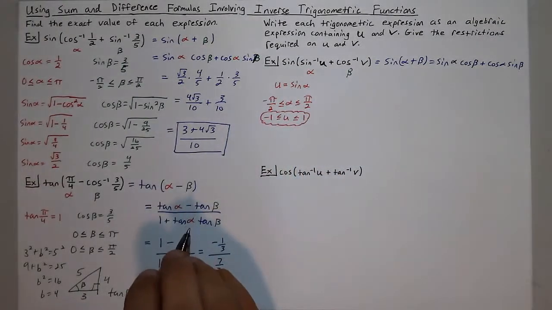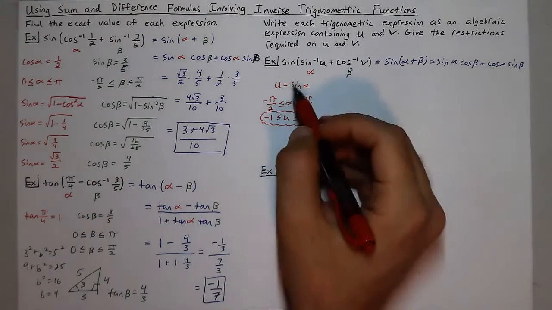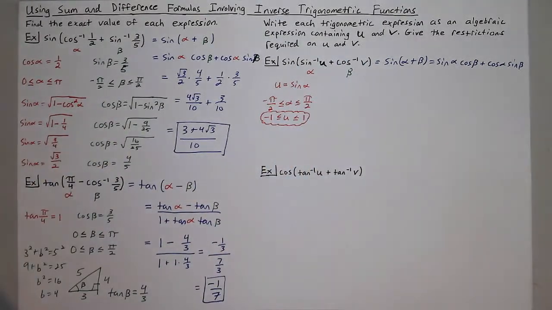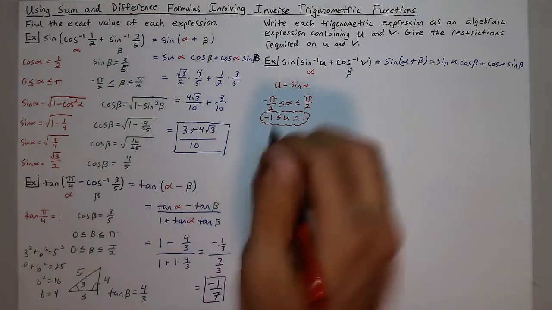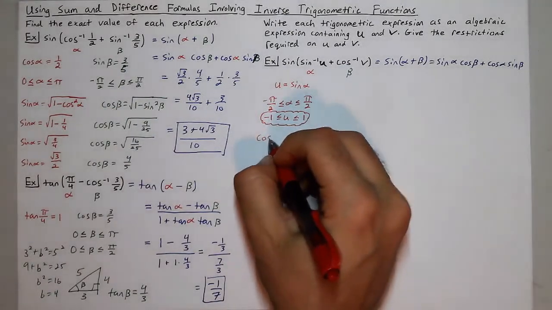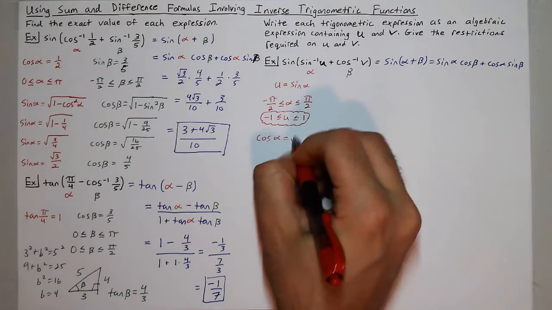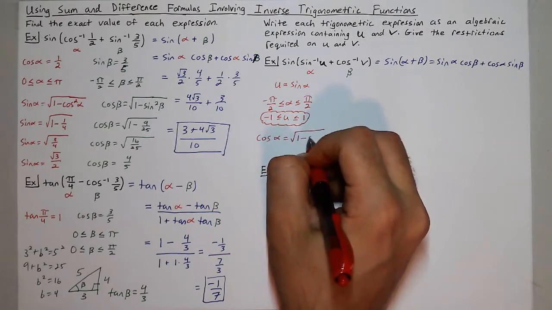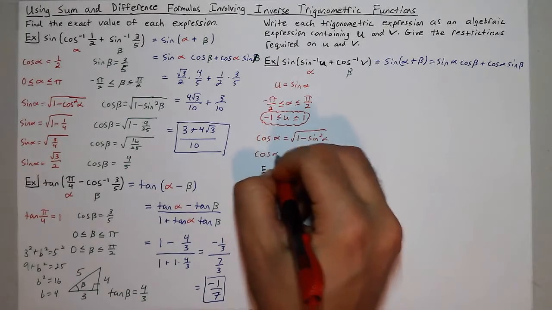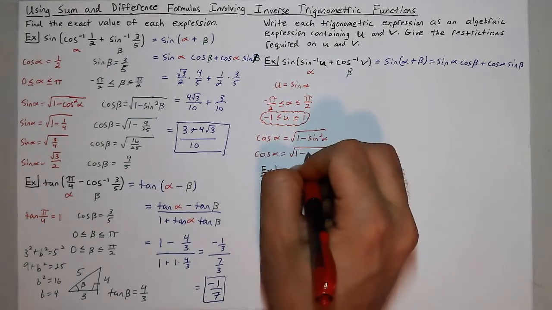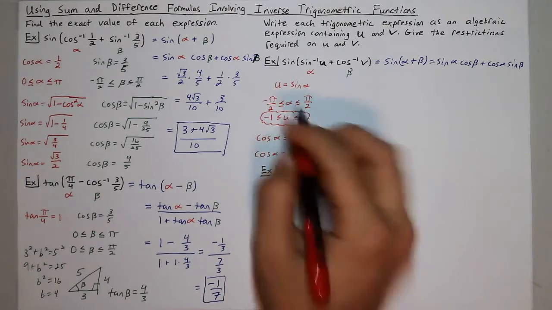Now if I wanted to find cosine of alpha, I can use that same formula over here from the Pythagorean identity of being 1 minus sine squared of alpha. So cosine of alpha is just equal to the square root of 1 minus u squared, according to that.